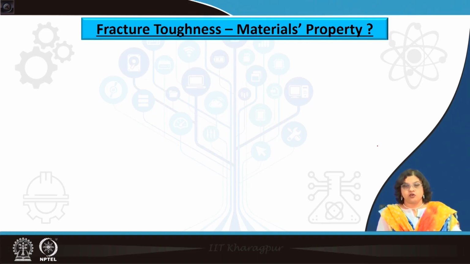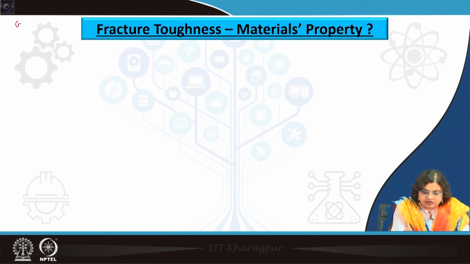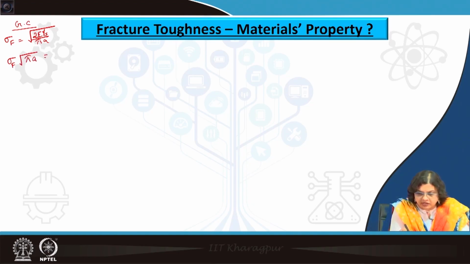On the other hand, we have also seen right from the Griffith criterion itself, which says that as per Griffith criterion, fracture strength is given by root over 2 E gamma s by pi a, and when we just rearrange this relation, we get sigma f root pi a, which is nothing but K1C, because Y in this case is 1, and that leads to root 2E gamma s.